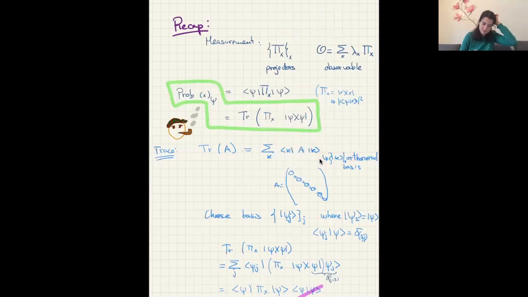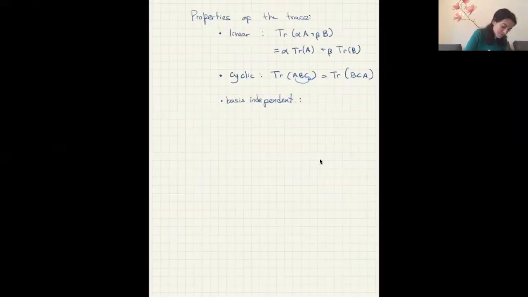Okay, so instead of picking the basis k, you could have picked a basis that is u times k, and here you get u dagger times k. Okay, and you get the same. So this means in particular that the trace of u dagger A u is the same as the trace of A if u is unitary.